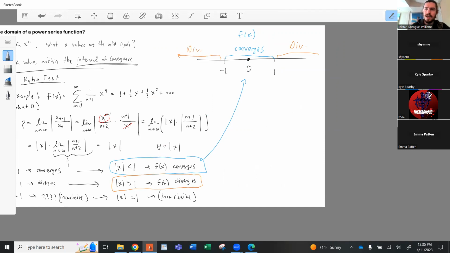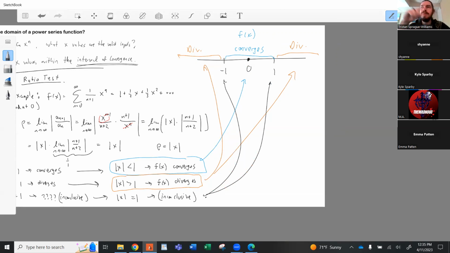And then when it equals 1, that would be our -1 case and our +1 case. But we happen to have already examined those two cases. We already found that f of -1 was the alternating harmonic series, natural log of 2. And f of +1 was the regular harmonic series, which is divergent. So we can say it converges here and it does not converge here.